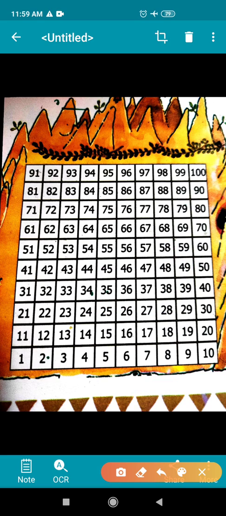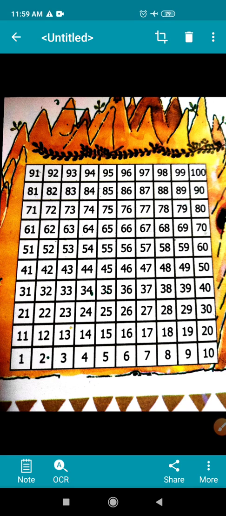Now when we are moving in the left direction, then we have to subtract 1 for 1 step. Okay. 2 steps minus 2, 3 steps minus 3. So children, hope you remember all 4 points.